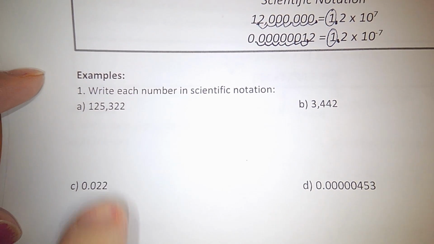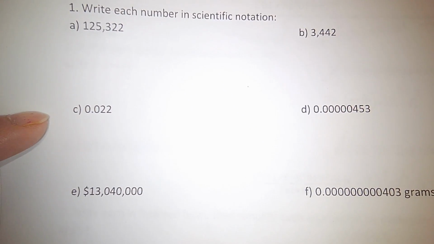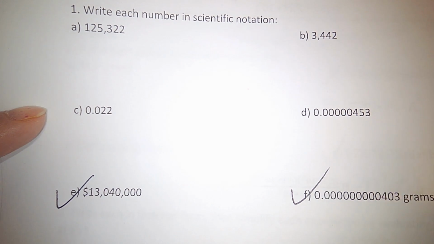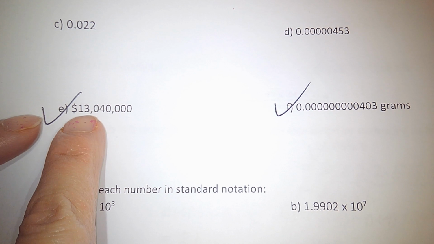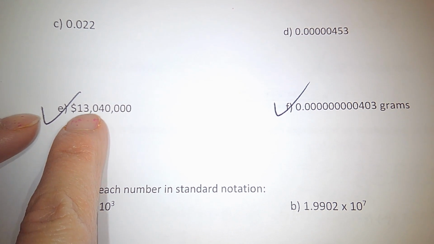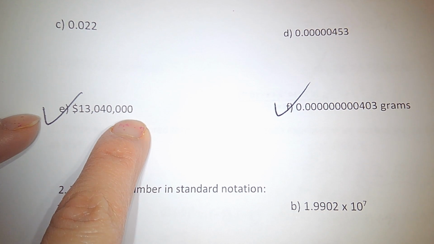Alright, now let's practice. Okay, write these numbers in scientific notation. Let's try question E and F. Write 30,040,000 in scientific notation.